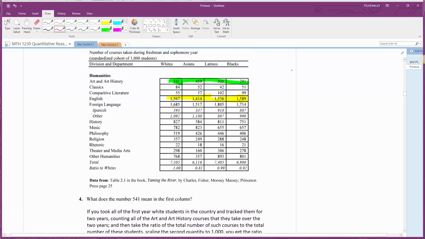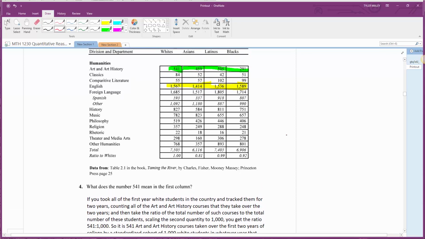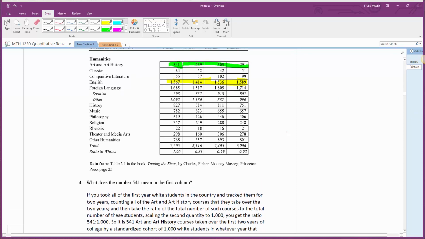Alright, so I'm actually going to do this problem off to the side right here, so that way I can reference the table. So for the whites, we do English to art. So I would do 1,567 compared to, and I'll just write this off to the side, English to art, just to help me keep track.